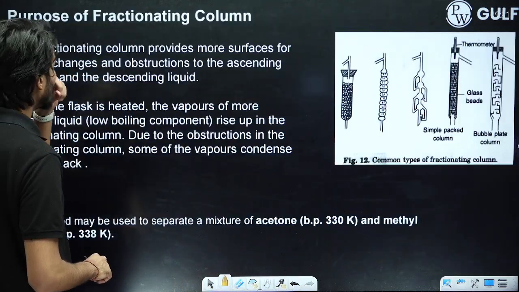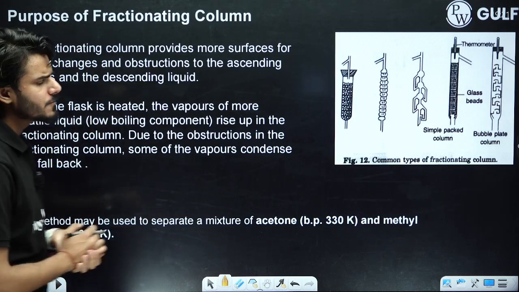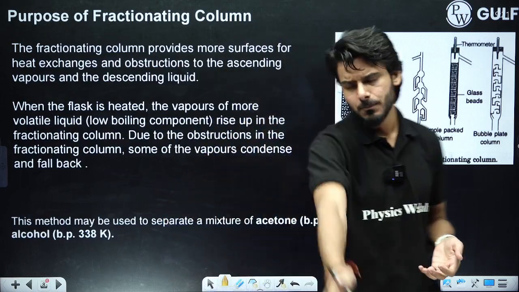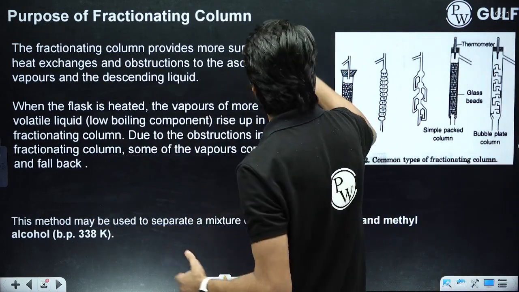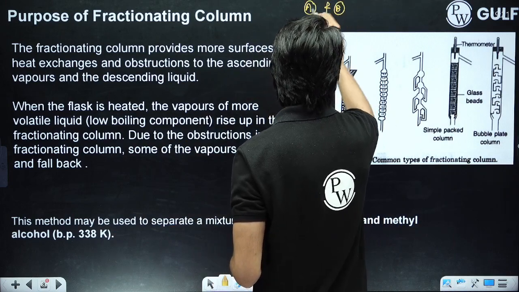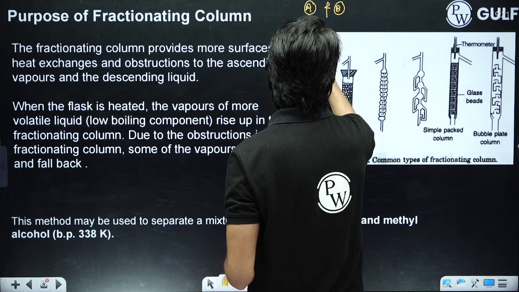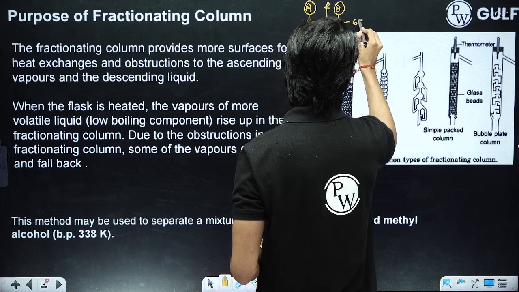First of all, let's understand the purpose of the fractioning column, and to understand its function, let me give you one example. Let's suppose you have two organic compounds which you want to separate, A and B. Let's say the boiling point of A is 50 degrees Celsius and the boiling point of B is, let's say, 65 degrees Celsius.